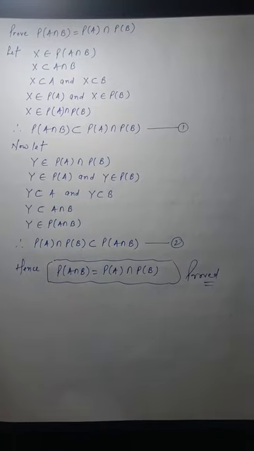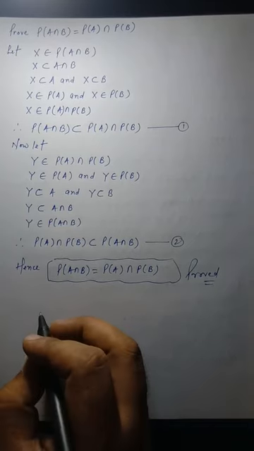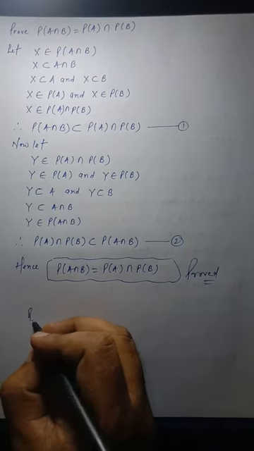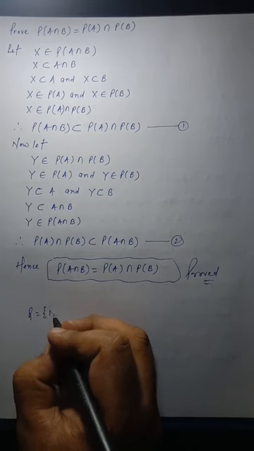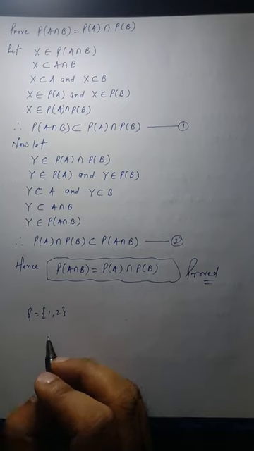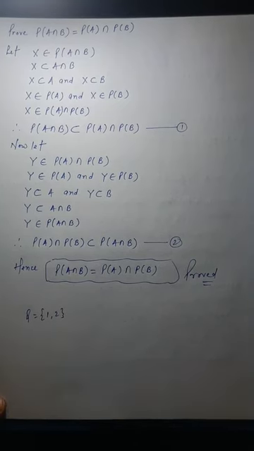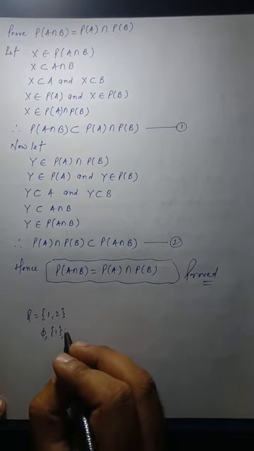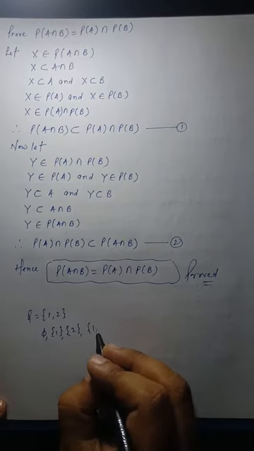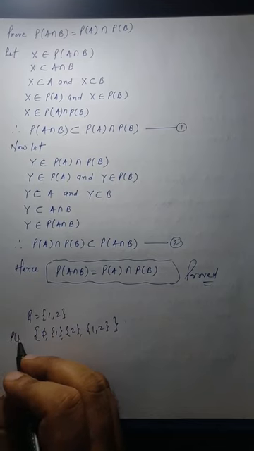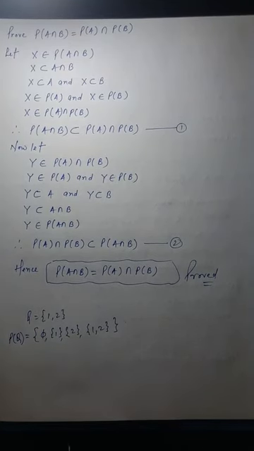This is the question, and before proving, let me write something. There is a set Q, and the elements will be 1, 2, and what will be the subsets? It will obviously be phi, {1}, {2}, {1, 2}, and if we form a set, it will be P of Q. This is a power set, you remember?